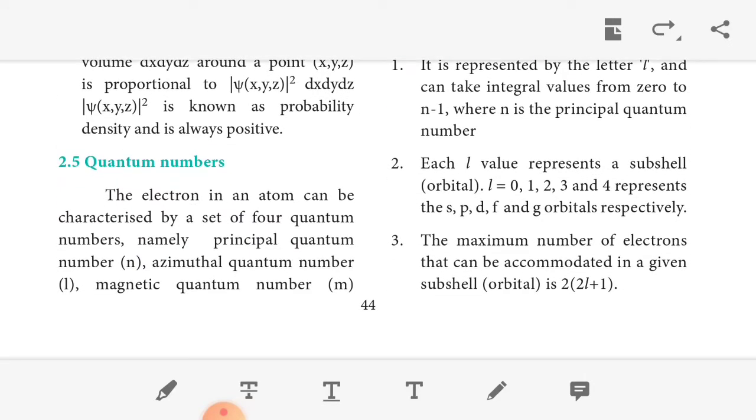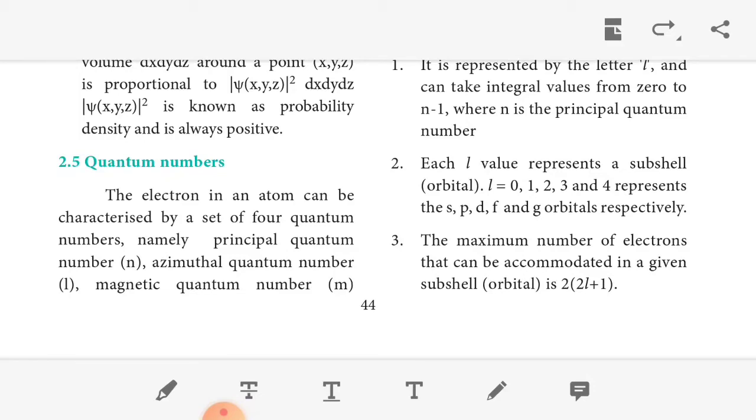The next very important topic: quantum numbers. What is a quantum number? First we should know what a quantum number is. A quantum number represents the shape, orientation and spin of electrons. An electron in an atom can be characterized by 4 quantum numbers. It may be asked, what is a quantum number, in 2 marks or 3 marks.